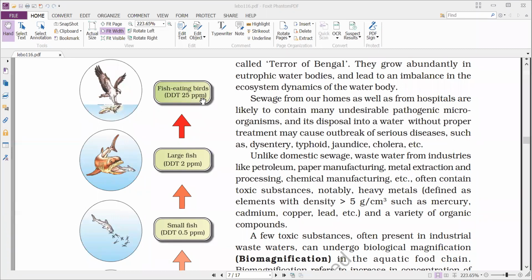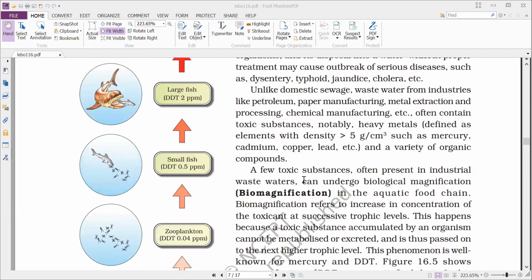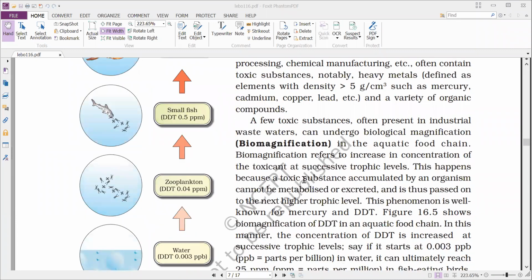So the formation of a new generation is disturbed. This is the reason for the extinction of vultures especially, or seabirds. That's why biomagnification is a hazard, leading to the extinction of certain birds.